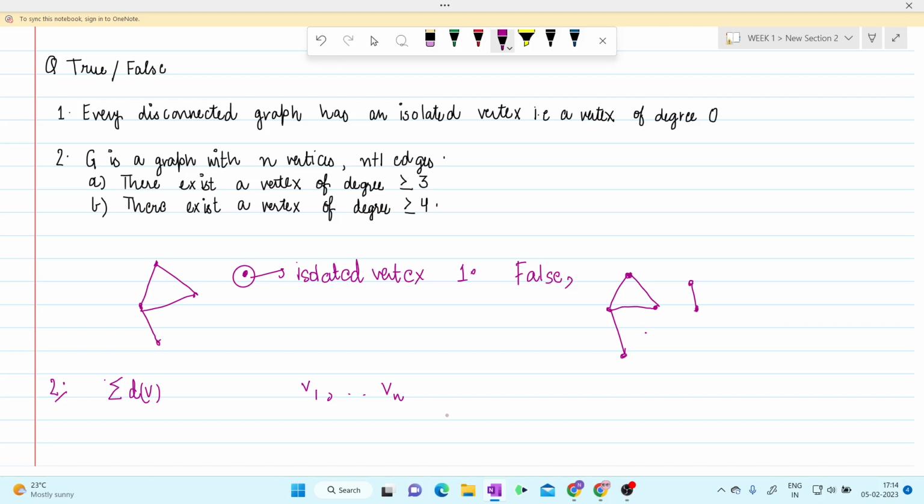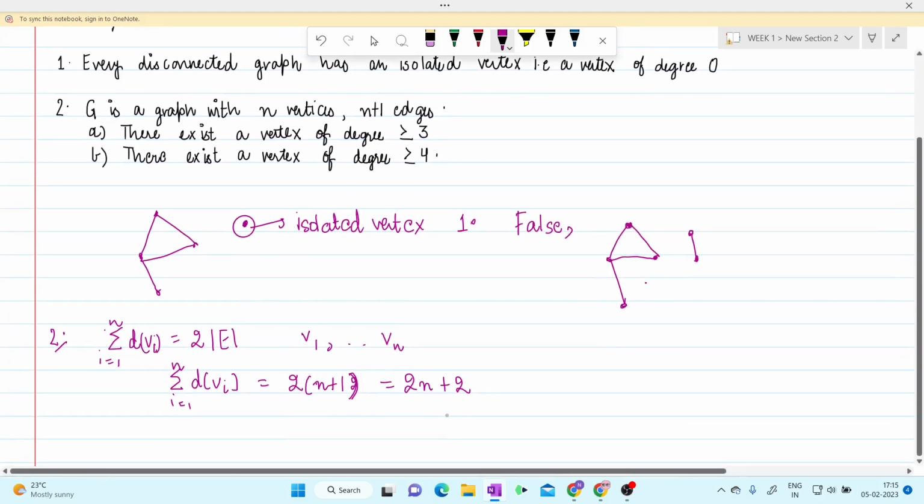We know that the sum of all degrees is twice the number of edges, and we are given that the sum of all degrees comes out to be 2n plus 2, because the number of edges is n plus 1. So from the previous result, the sum of the degrees of all vertices is 2n plus 2.